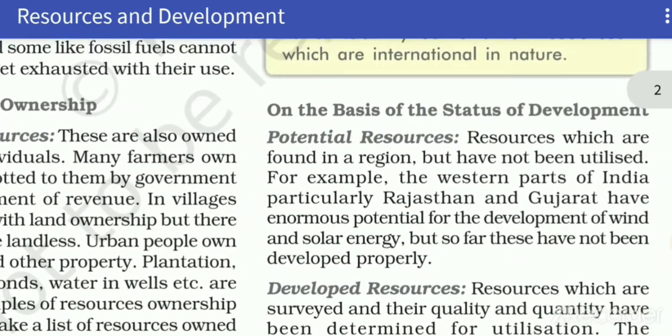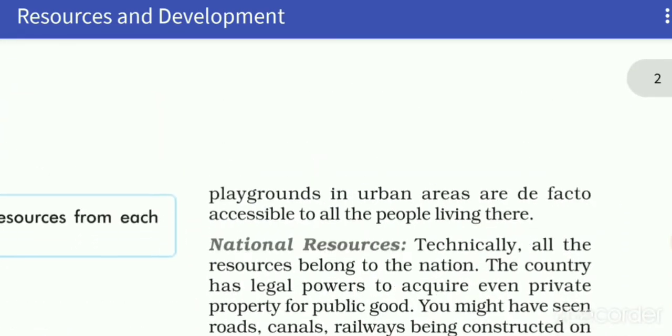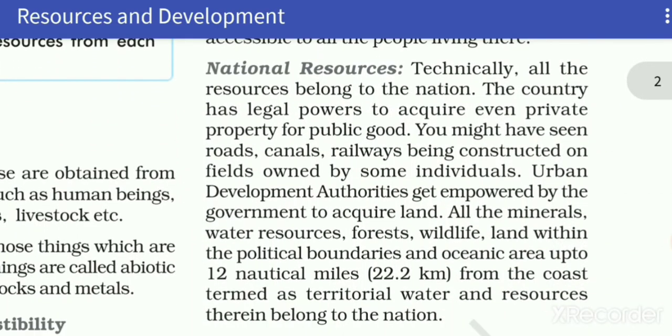Now the next one is national resources. All those resources within the boundary of a country, like river, forest, wildlife, railway station, etc., are mainly known as national resources.